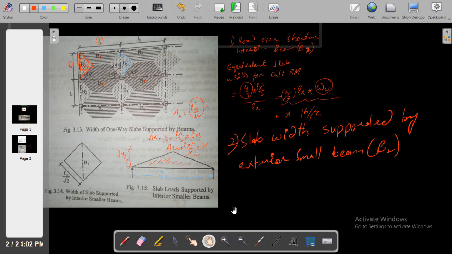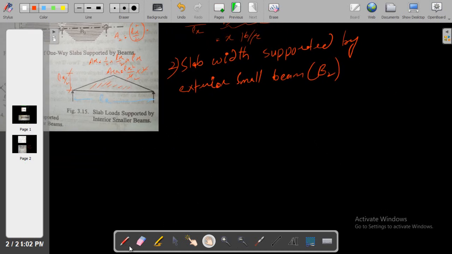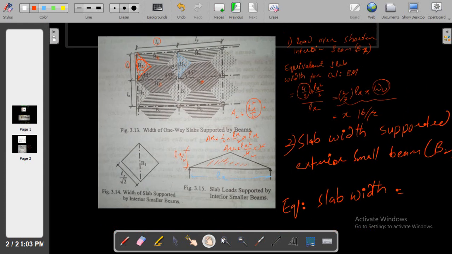So in the case of B2, what will be the equivalent width? This is important. In this case, the equivalent width supported, or the equivalent slab width, will be equal to, remember, if there is any cantilever portion, that portion must be added, right?